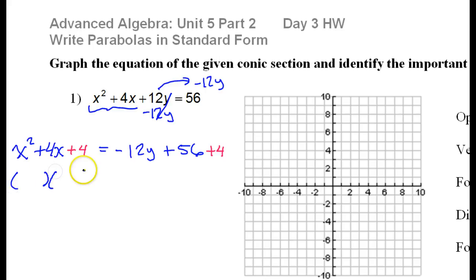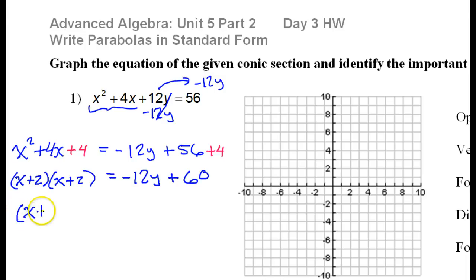This should always factor as the same thing twice. In this case, x plus 2 times x plus 2. Meanwhile over here I have negative 12y plus 60, combining these like terms. Now that means I could write this as x plus 2 quantity squared equals.